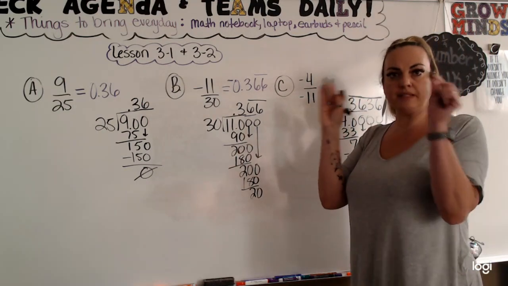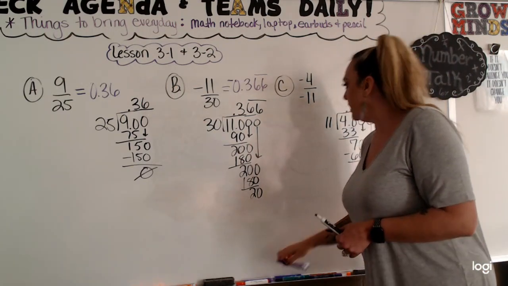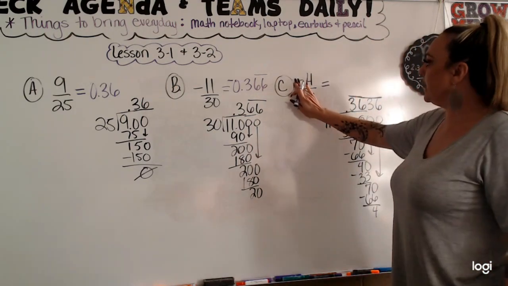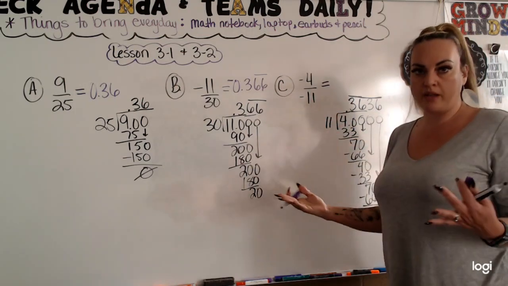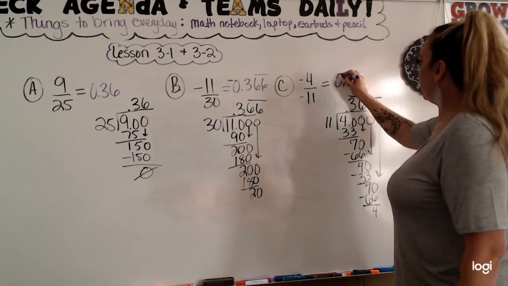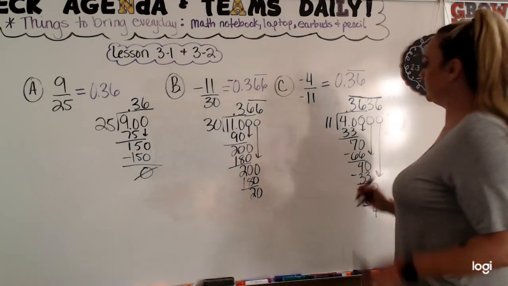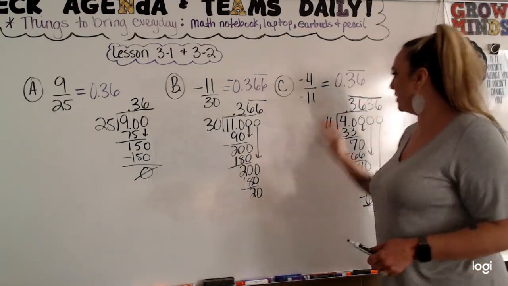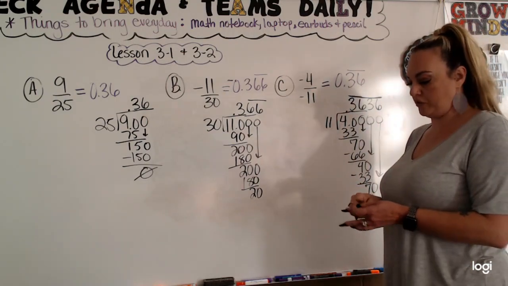Write your repeat symbol and put your answer. Now, coming back to this, it was a negative divided by a negative, which we know is a positive. So the answer then is 36 hundredths repeating, where both the 3 and the 6 out of the hundredths are repeating over and over.